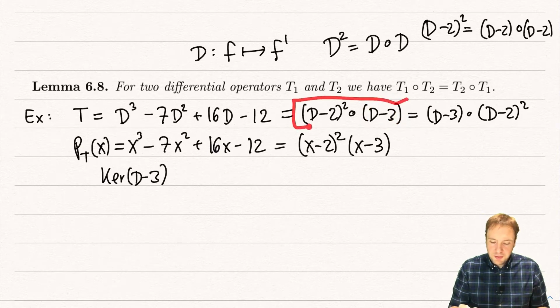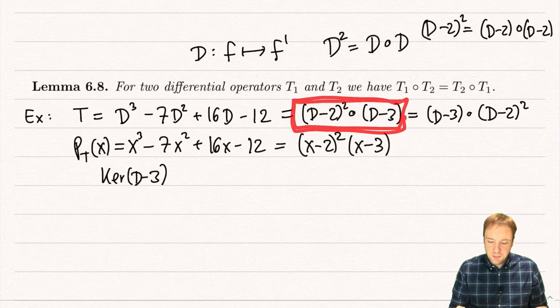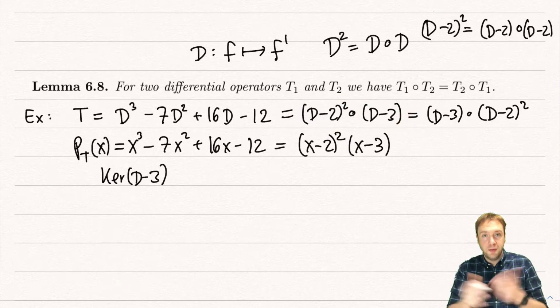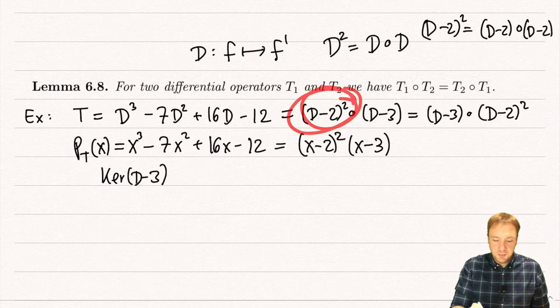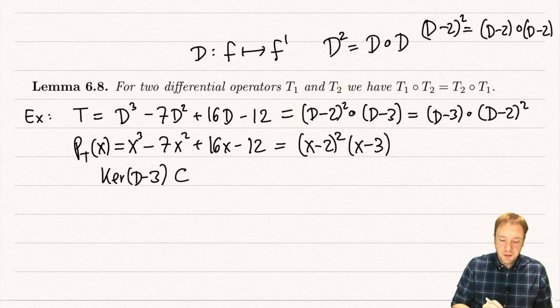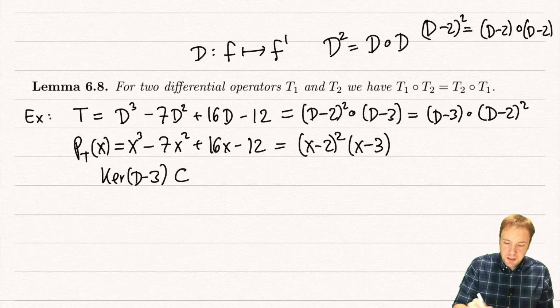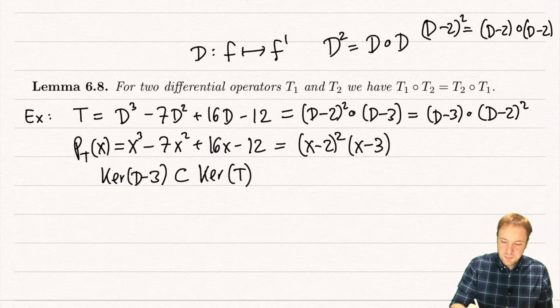But then, looking at this way of writing t, we see that if we apply t to some function f, then we would apply this d minus 3 first to f, and then this is 0. And no matter what we apply afterwards, this will still be 0, meaning that every element in the kernel of d minus 3, in this case, is also in the kernel of t.